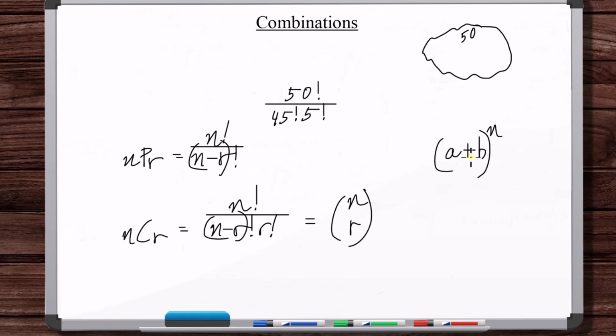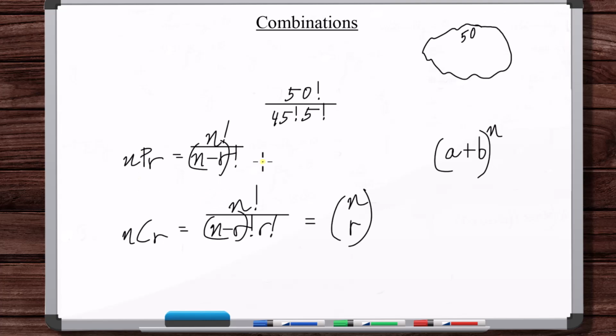So for a binomial to the 50th power, you can use the binomial theorem to quickly expand it out, and the coefficients of the terms are based on the binomial coefficient, which is just this n choose r.